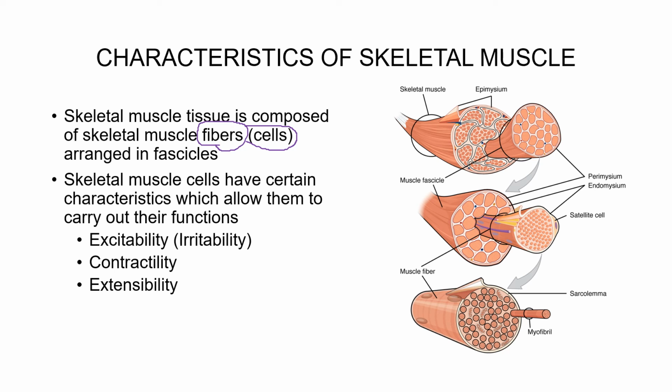So let's take a look at this picture on the right and try to figure out what in the world's going on here. On the top picture, what you have is skeletal muscle, this whole big red thing. I'm circling the entire structure. That is our muscle tissue.